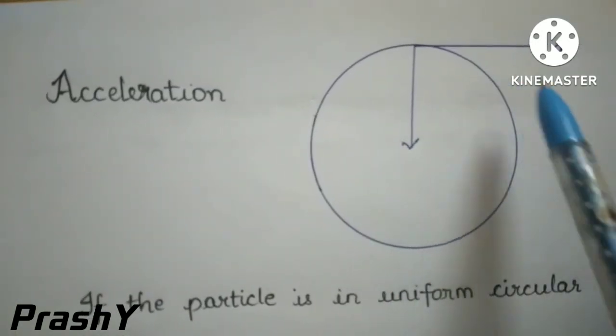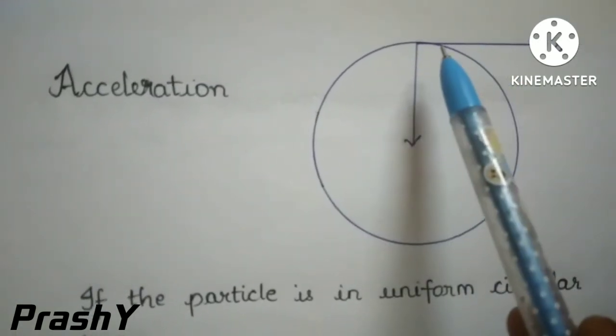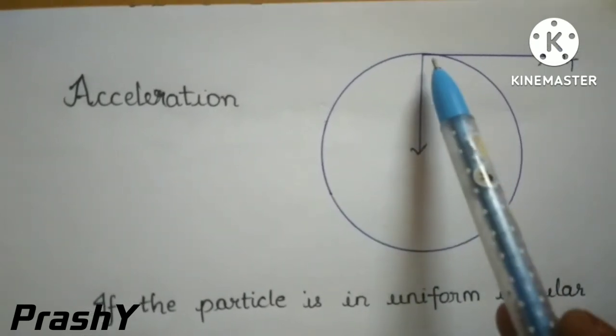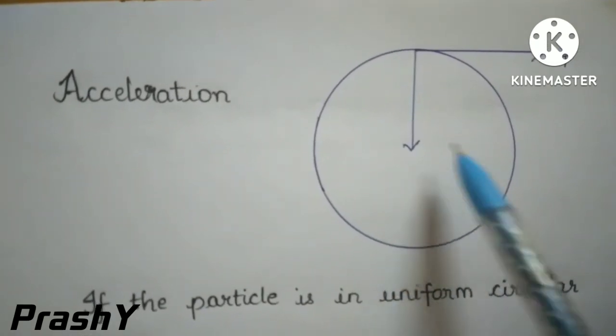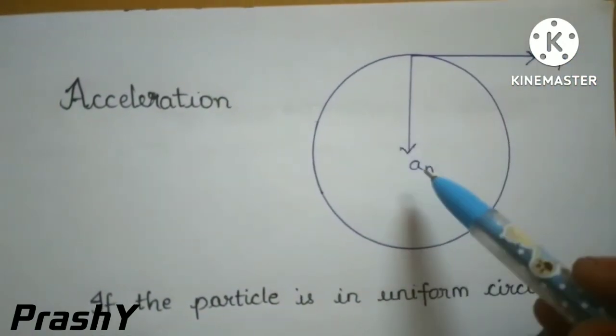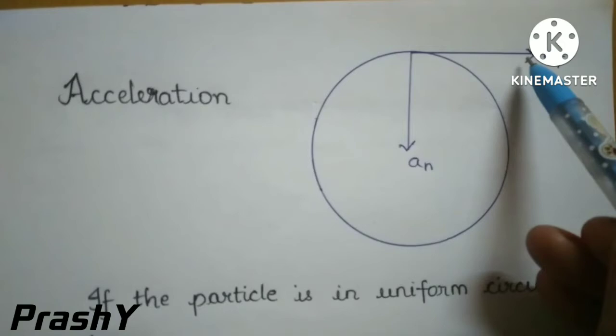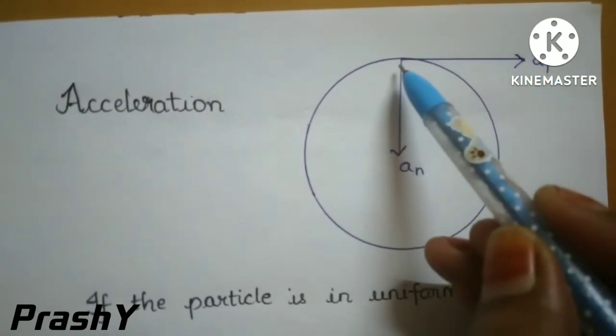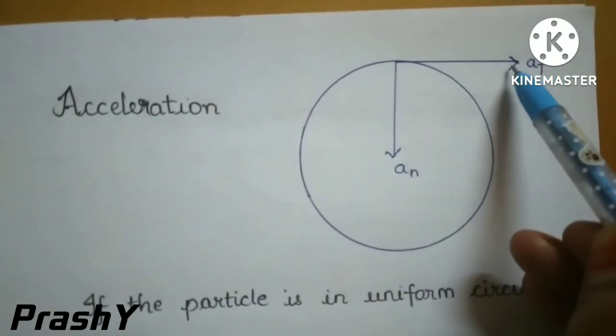When a particle is moving in a circle, two important things we need to discuss. One is the radial direction. Radial direction coincides with the normal direction in case of a circle, so this is AN along the normal. And this direction we call the tangential direction. It is drawn at a point on a circle, AT.